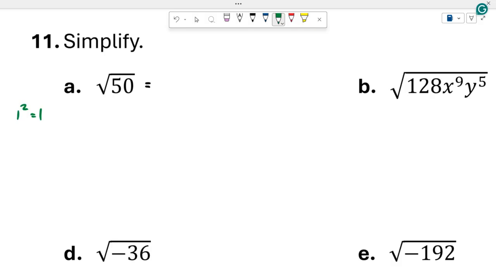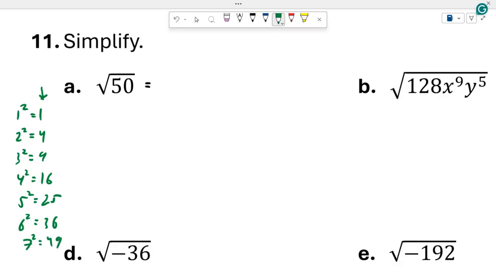The next square number is 4. These are the square numbers on the right. Then 9, then 16, 25, 36, 49, and so on.